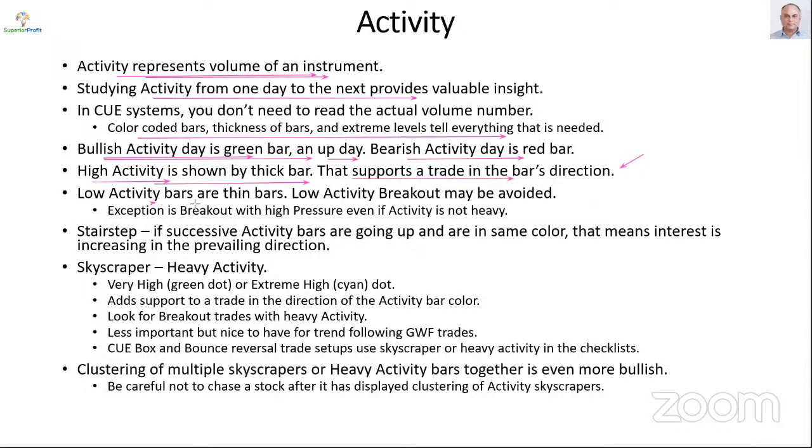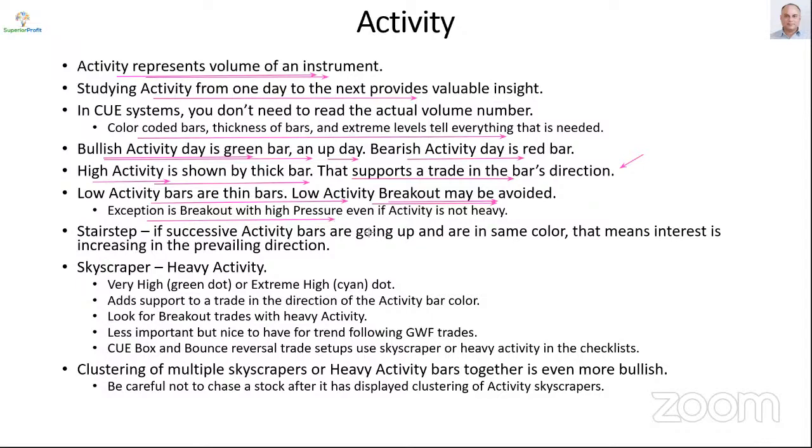Low activity bars are thin bars, especially for breakouts. If the breakouts are happening with low activity, thin bars, be it green or red, upside breakout or downside breakout, breakouts with thin activity may be avoided. Thin bars may be avoided. Exception is breakout with high pressure. We have an intensity calculation, that is pressure.